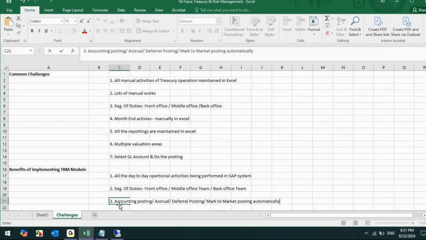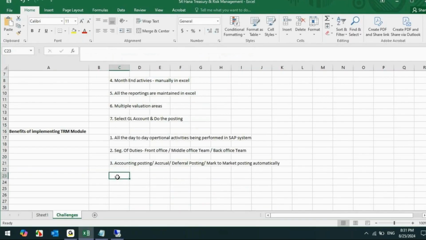That means I need not go and select the GL account and do the posting. For that, all the account determination has to be done at the time of implementation only. Once we maintain the account determinations, accounting posting all happens automatically.